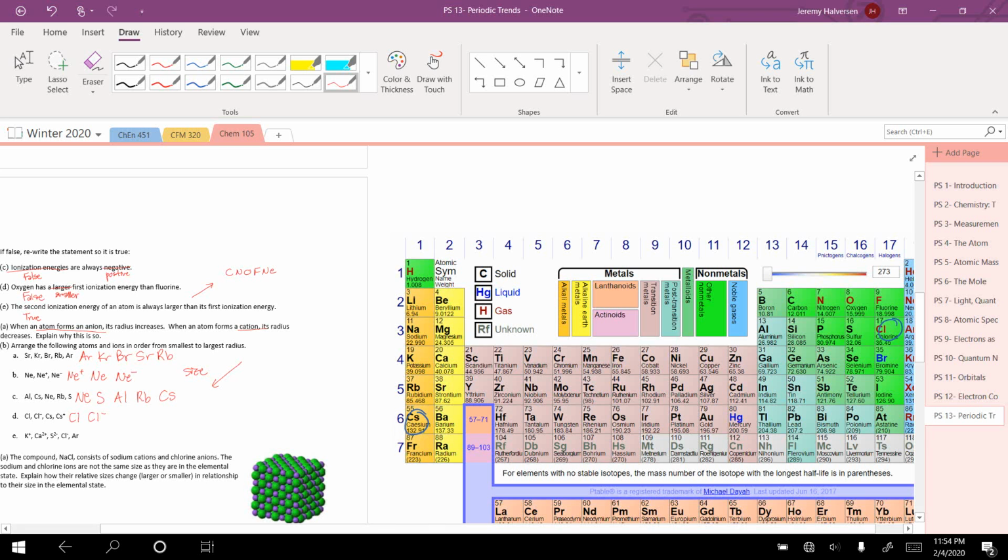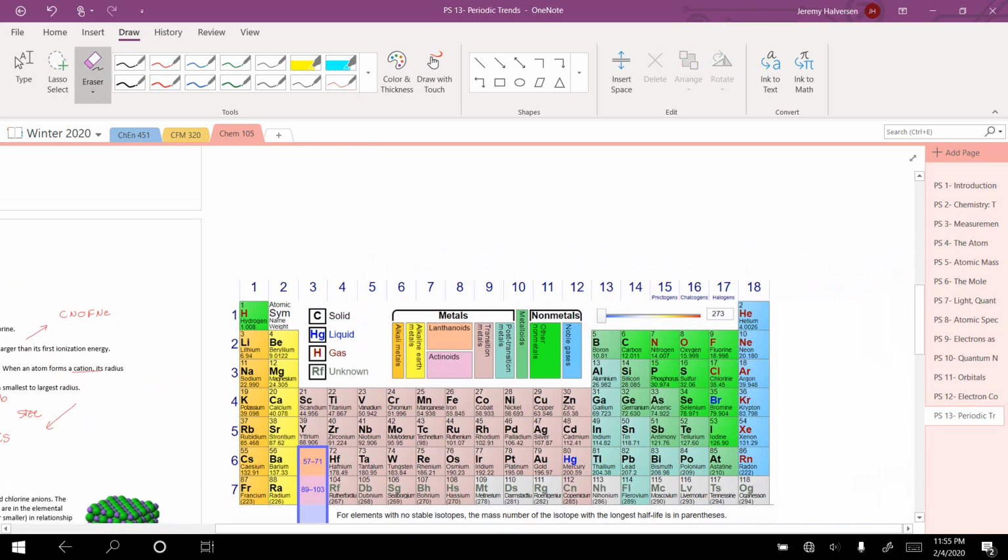And then I've got cesium and cesium plus. Well, cesium plus is going to be smaller than cesium because you remove an electron and there's less electron repulsion. In this case, when you remove that electron, you actually lose the entire 6s orbital, which is going to make you shrink a lot. So cesium plus is smaller than cesium.